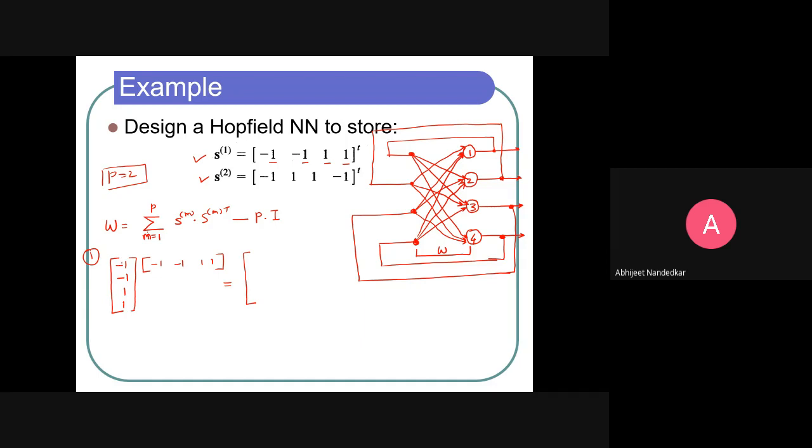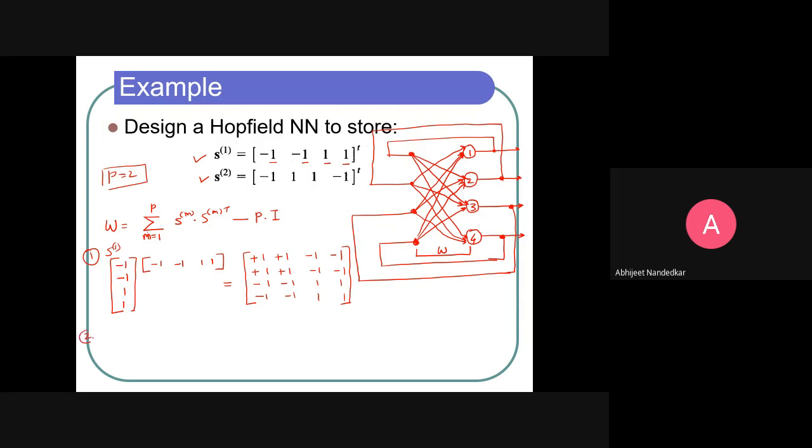You take this minus 1 and multiply with this vector. So it will be plus 1, plus 1, minus 1, minus 1. Then you take this minus 1, second number, multiply again. So it will be plus 1, plus 1, minus 1, minus 1. Then you have minus 1, minus 1, 1, 1. Again minus 1, minus 1, 1, 1. So this is the outer product due to pattern number 1, that is S1.